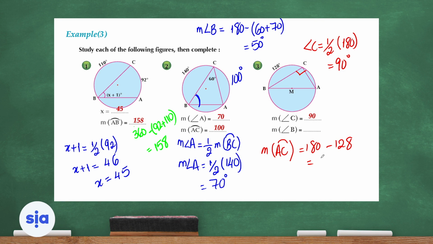So it's equal to 52 degrees. The measure of angle B is half the measure of its arc, then it's half the 52, which is 26 degrees. So as we said, the measure of angle B is 26 degrees.